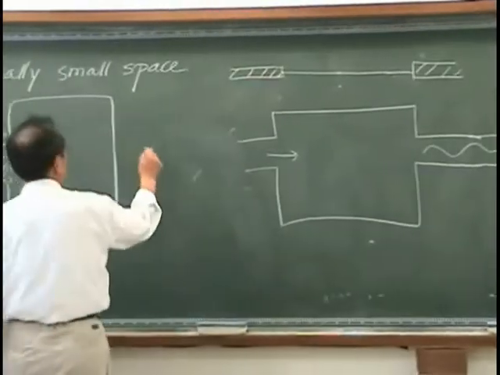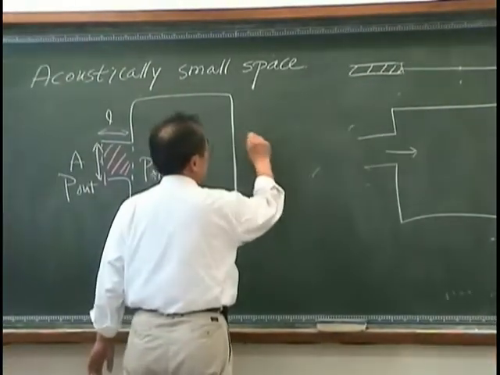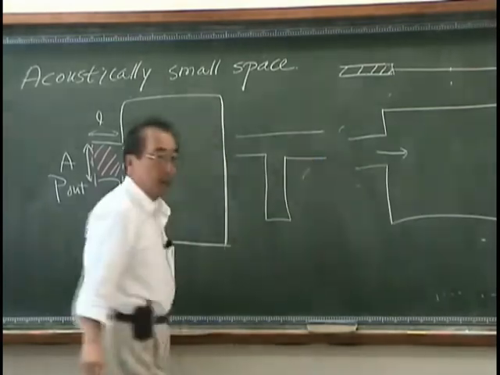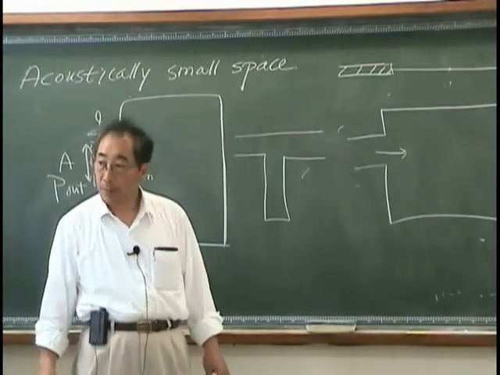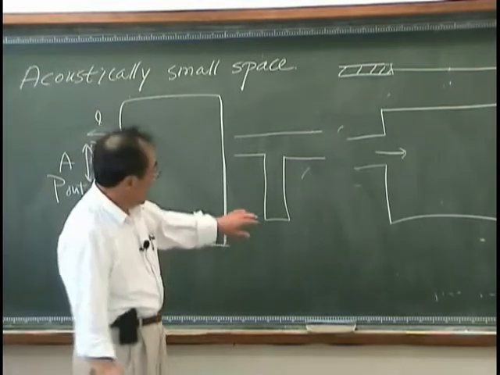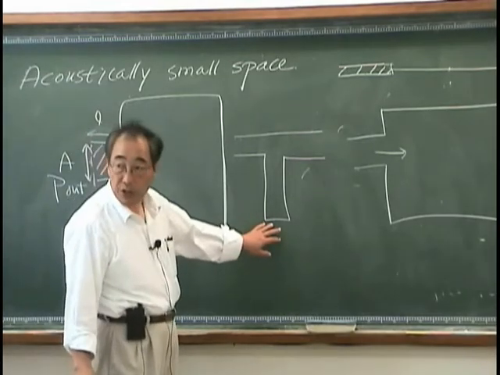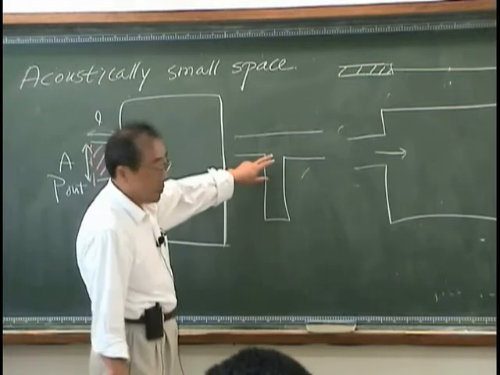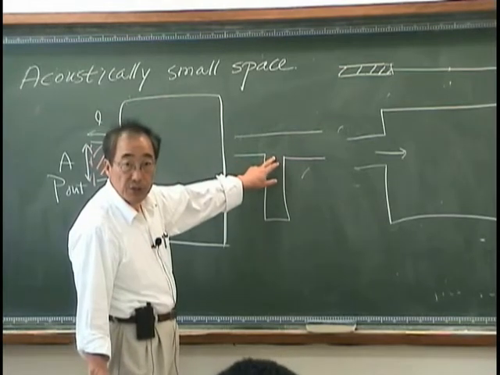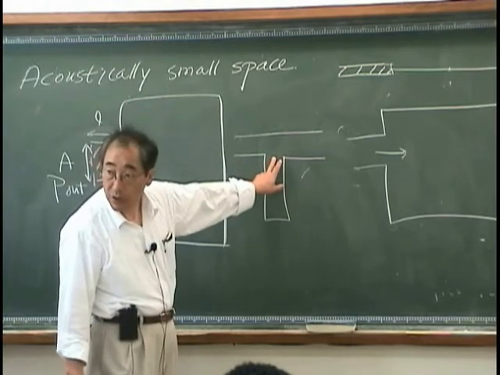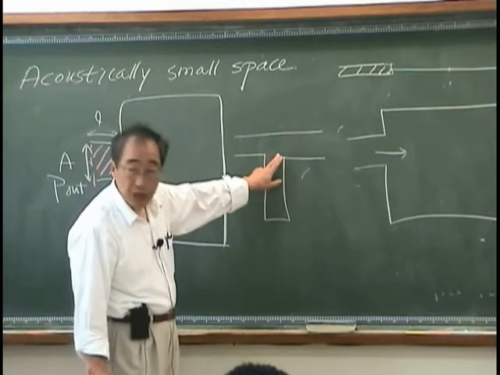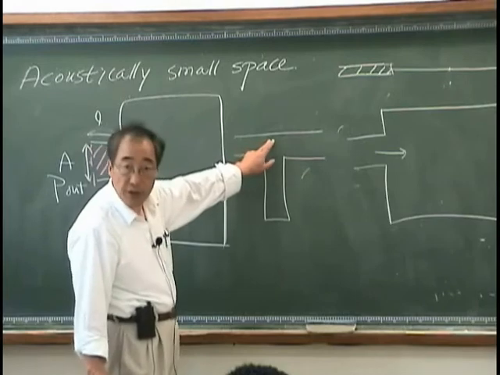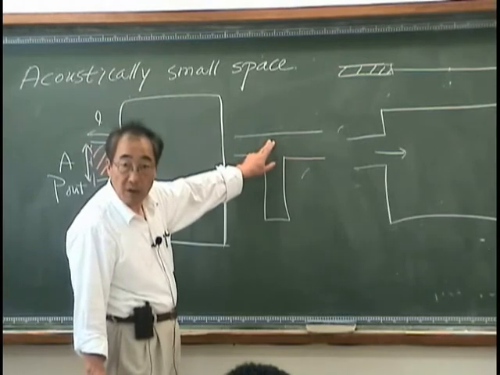I also would like to say about this kind of pipe. Okay? The boundary condition over here is a rigid boundary condition. And the boundary condition over here is pressure release boundary condition. Therefore, the pressure over here should be same as pressure over here. Right?